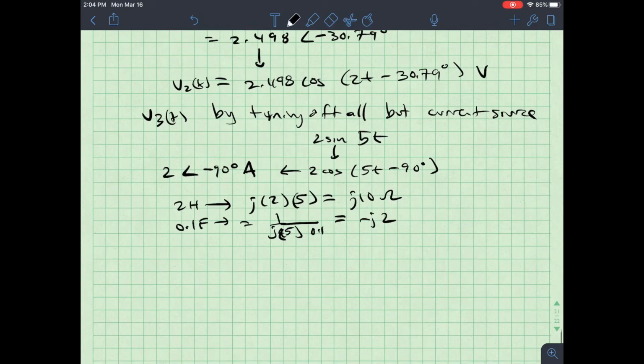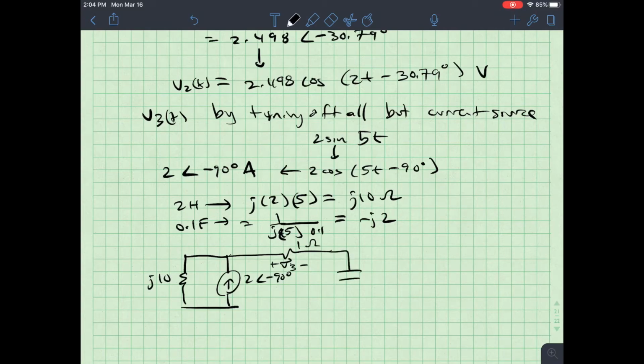So if I draw this circuit out, it looks like this. I've got an inductor, J10, in parallel with this current source, which is 2 angle negative 90 degrees, and then I've got V3 in phasor form here, that's 1 ohm, a capacitor here, which is negative J2, and a resistor here, which is 4.